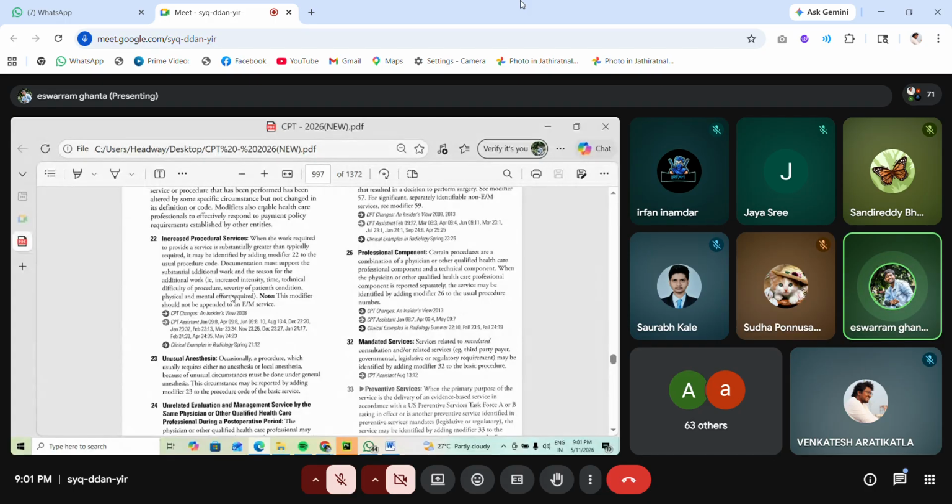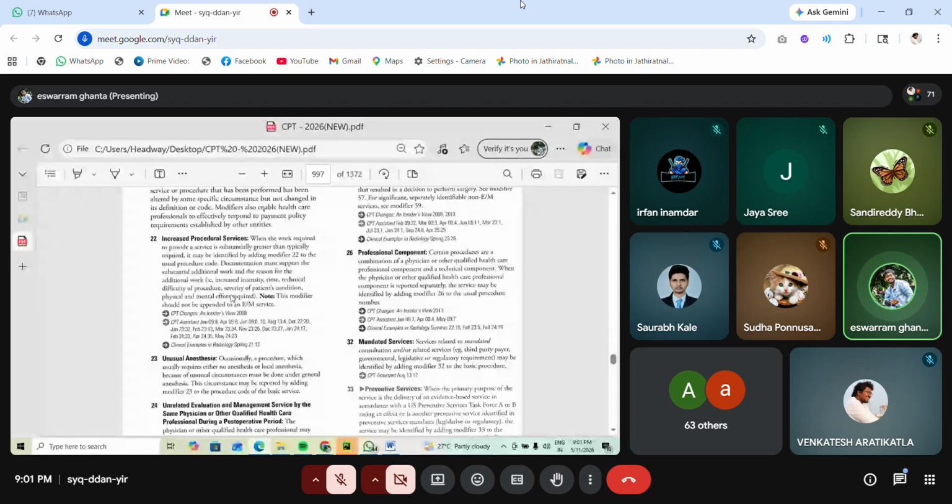If a half-hour procedure takes above 20 minutes extra, or extra time, not a specific time, but extra time is taken. Okay, or another thing like technical difficulty of the procedure.